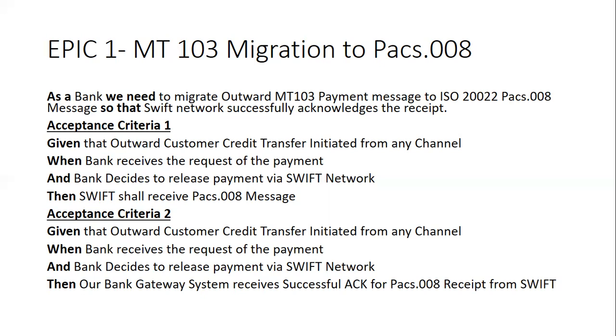Or maybe the product owner provides you all that information to ensure you are writing the correct product backlog items, right? They would tell you that, as a bank, they need to migrate their outward MT103 payment messages to ISO 2022 pacs.008 messages so that the Swift network successfully acknowledges the receipt.